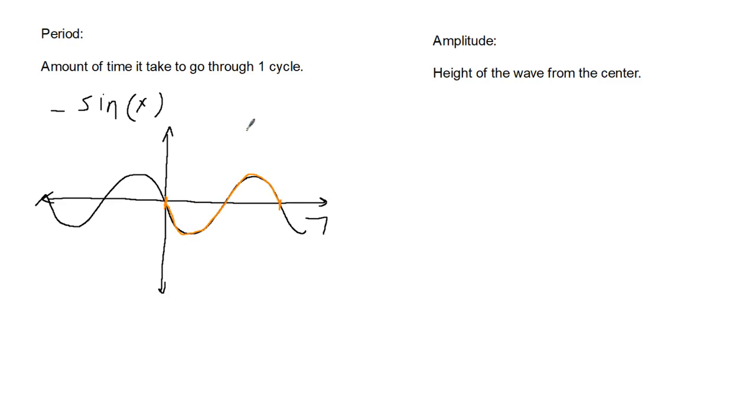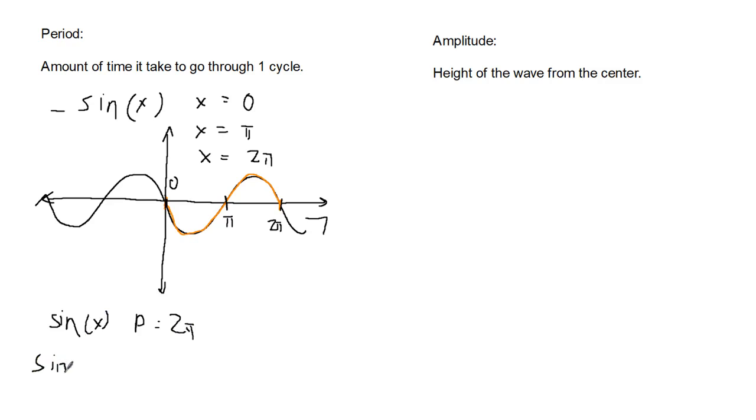Well, it hits 0 at x equals 0, it hits 0 at x equals pi, and it hits 0 at x equals 2 pi. This is minus sine x, by the way, but it still has the exact same period. So 0, pi, and 2 pi. And we've already established that sine of x has period 2 pi.